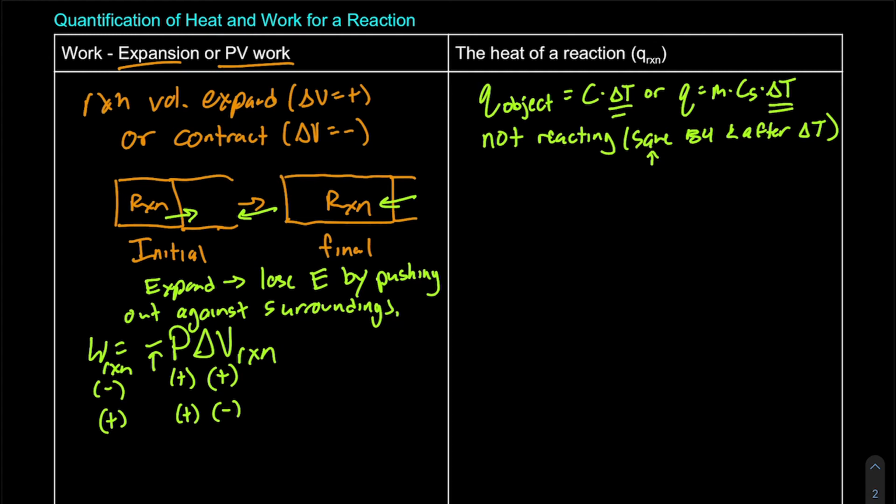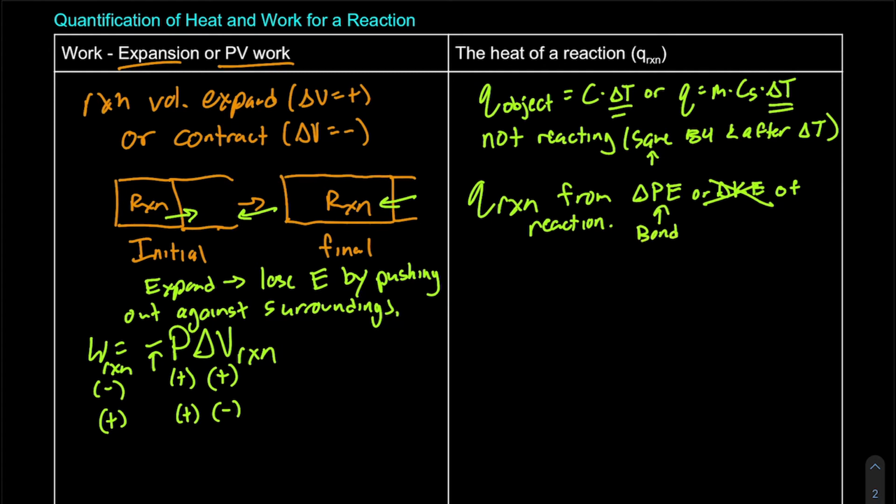So then, how does that relate to a reaction? What we'll see here is that the Q of a reaction, again, is caused from a change in potential energy or a change in kinetic energy of that reaction. And a lot of times we think of it as a change in potential energy, and that has everything to do with our bonds breaking and forming.